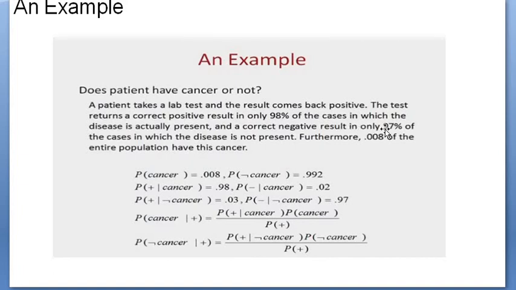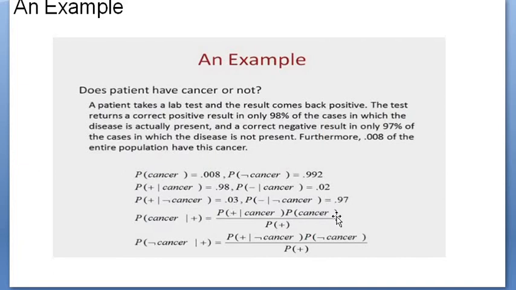That means 97% it is giving you the correct result. So you are not having cancer and it is negative. So it is 0.97. This is very important here. So negative when not having cancer is 0.97. That means positive when not having cancer is 0.03.